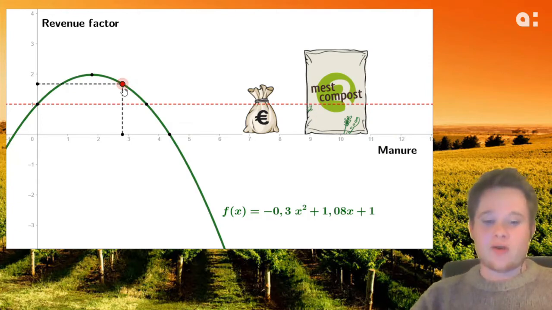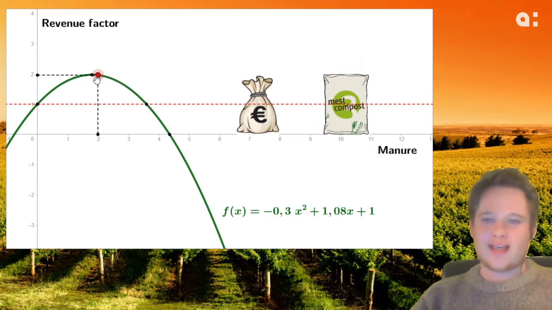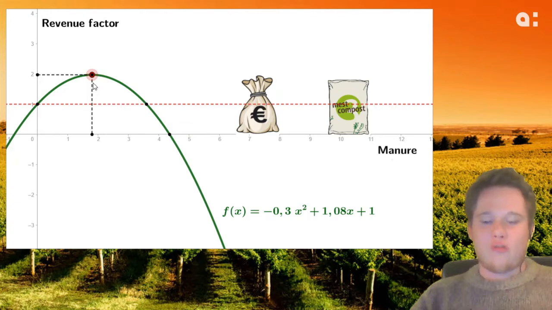So, there is a point on the graph at which the revenue factor is as big as it can get. Over here we have the biggest money back ever. It's huge. So, at this point, we call it the vertex of the parabola, we have an ideal situation.